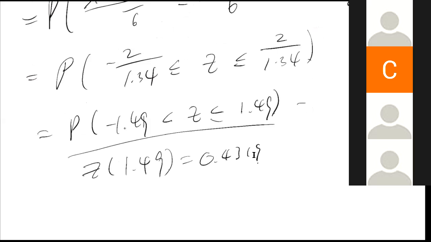This probability is just 2 times that, because it is symmetric, from -1.49 to 0 and from 0 to 1.49. So it's about 2 times 0.4319. The answer is 0.868. Let me know if you have any questions in the first section.